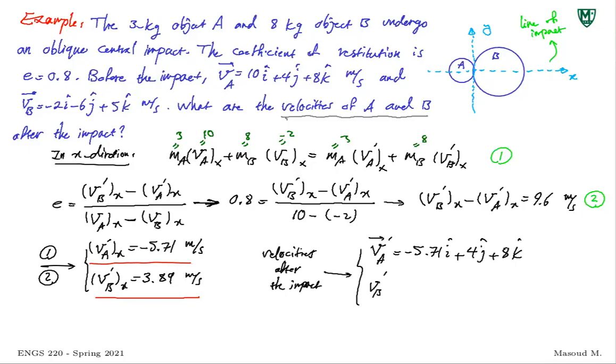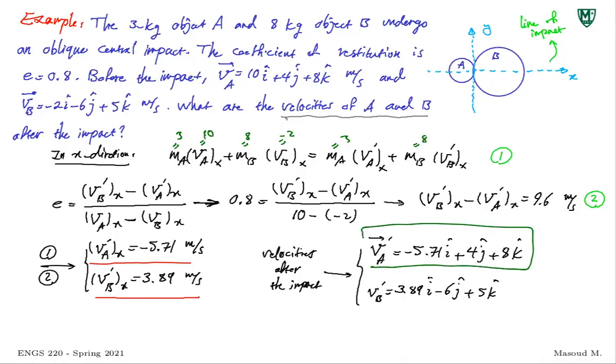For B, VB', we got the x component, 3.89 i. The j and k components are going to be the same, those components along the y and z axes. So minus j plus 5k. So this is what we were looking for. These are the velocities after the impact.